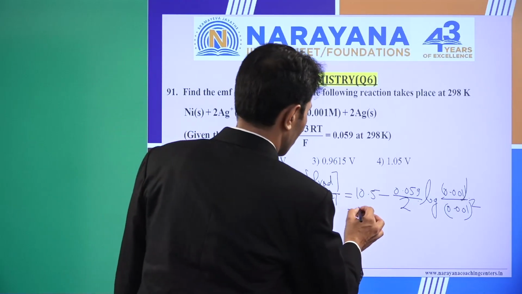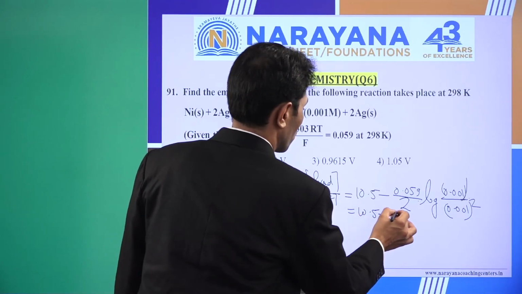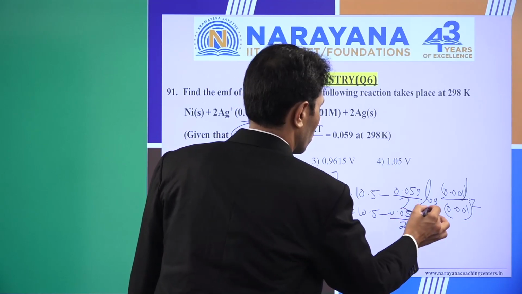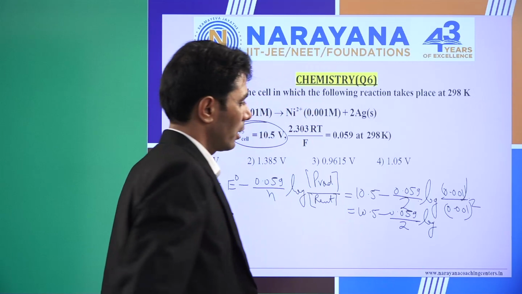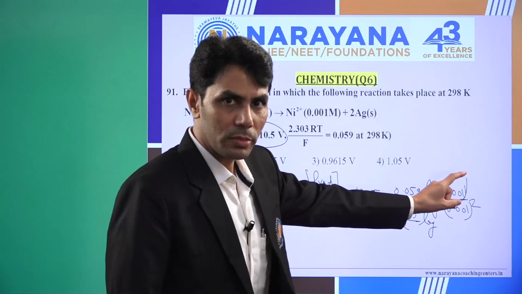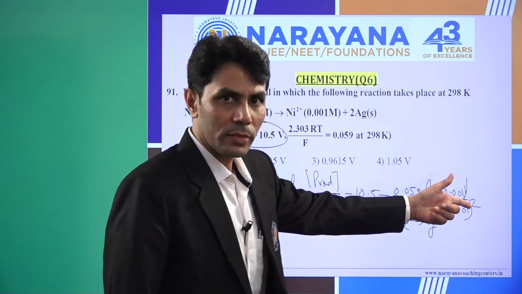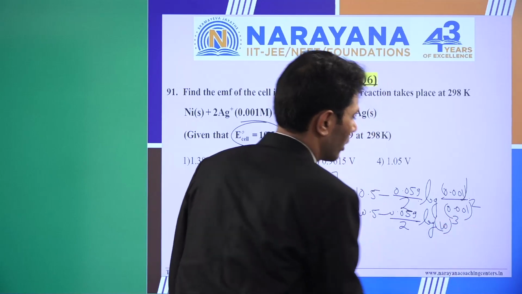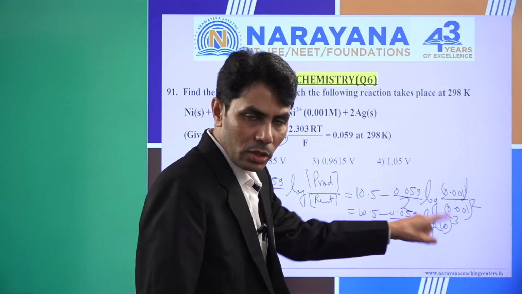So we can say it is 10.5 minus 0.059 divided by 2 log 10 raised to power minus 3 divided by 10 raised to minus 3 raised to power 2. It means 10 raised to power 3. It means 3 log 10. Log 10 is 1.